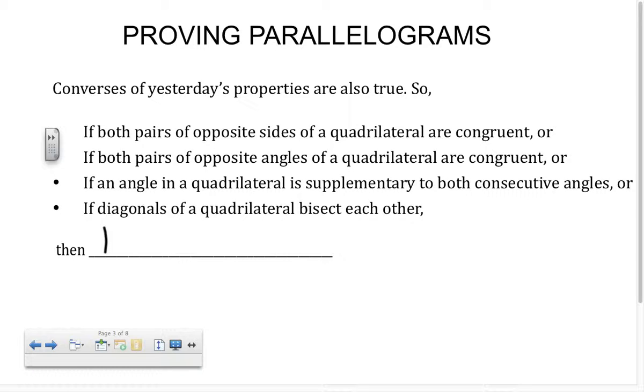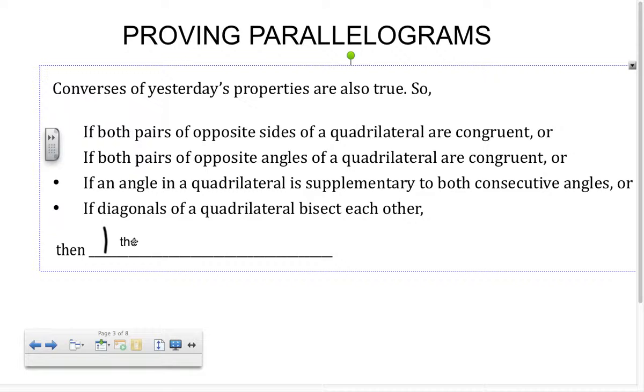Twice, because two thens are twice the time. Let's type this. Maybe that'll work faster. For Christmas, Santa's going to get me a faster computer. Then the quadrilateral is a parallelogram. Oh my gosh.